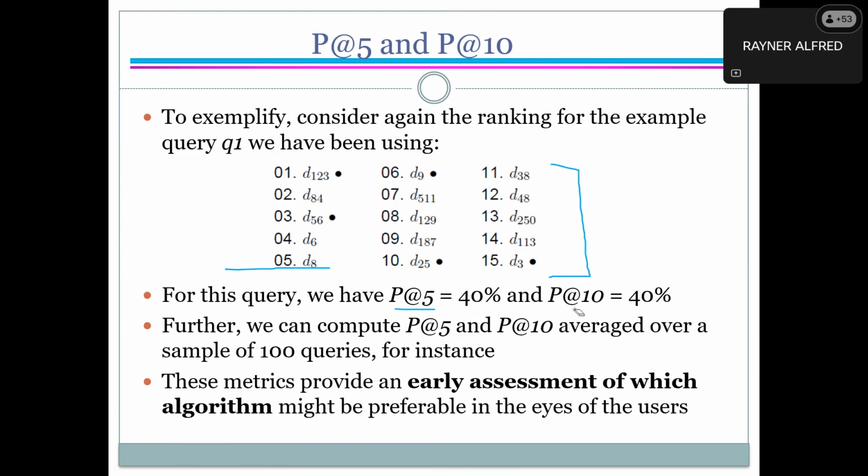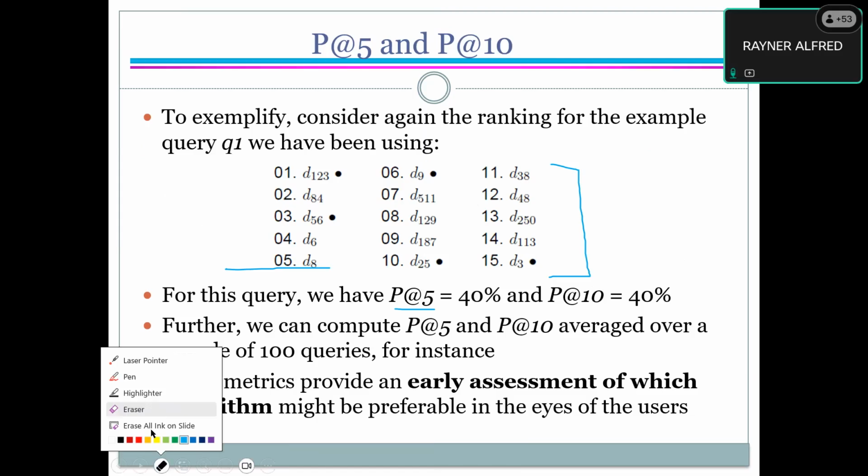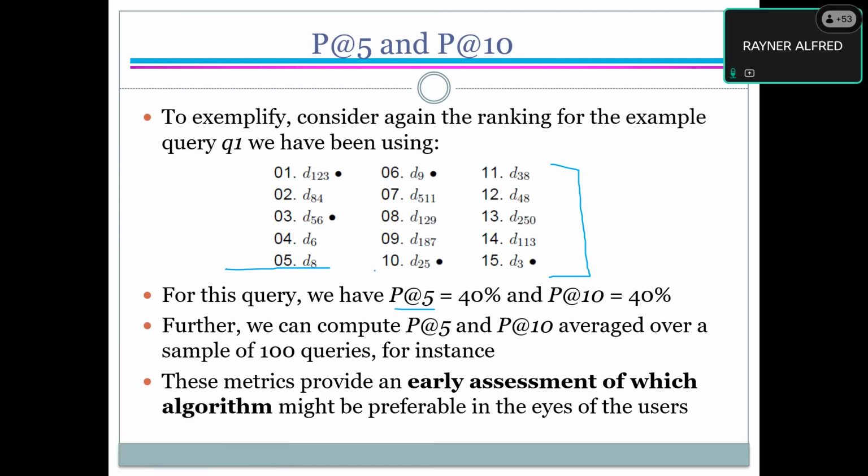And what is P at 10? So P at 10 is here. So this is 4/10. Okay. So this one is much simpler. They use a single point entry in order to decide what is the precision and recall at that particular point.